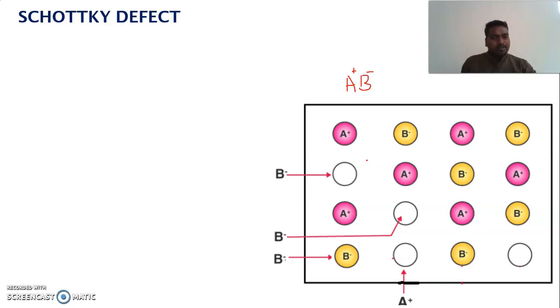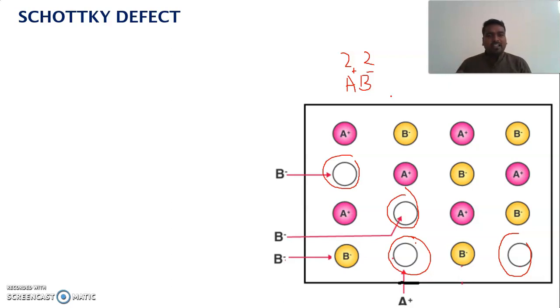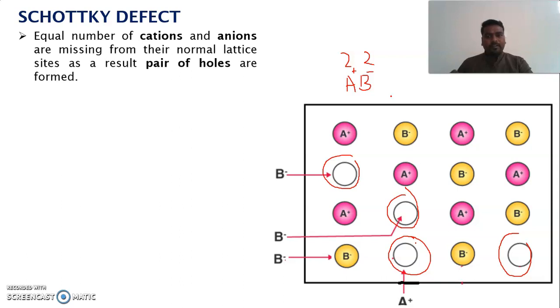You observe the figure here, B minus, B minus, totally 2 B minus, and 1 A plus, and this is another A plus, so 2 A plus. That is, an equal number of cations and anions, 2 cations and 2 anions, are missing. That means the stoichiometric defect takes place in an ionic crystal. In this, an equal number of cations and anions are missing.